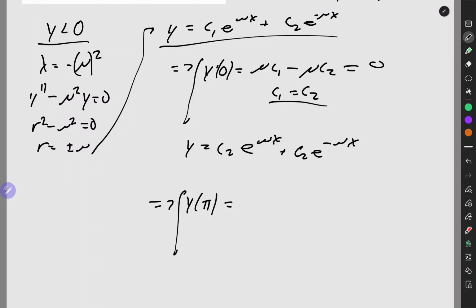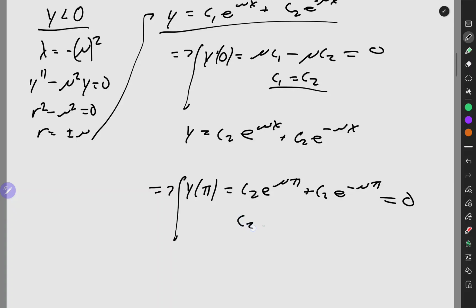Y of pi is c2 e to the mu pi plus c2 e to the negative mu pi. So now we can take out a c2. Shouldn't that be minus? Oh boy.